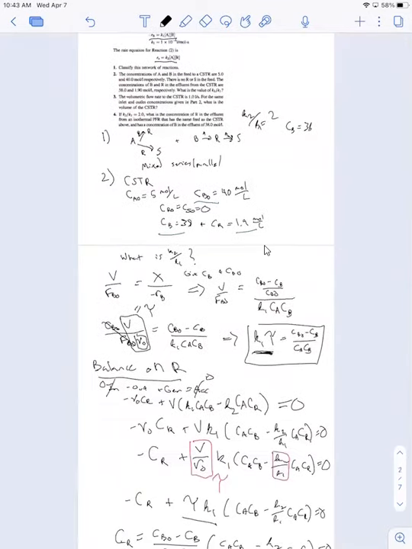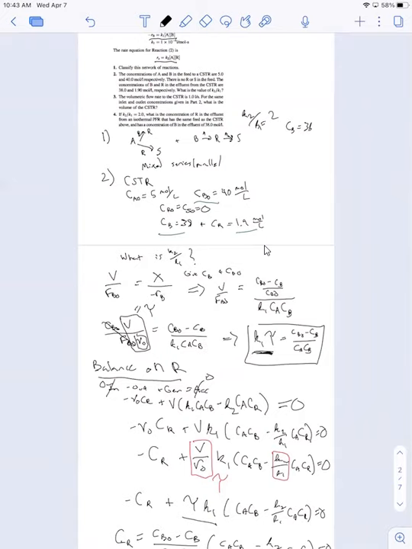I think it's with parallel reactions or multiple reactions. He wants us to use extent of reaction in solving them. Because it gets complicated with conversion.